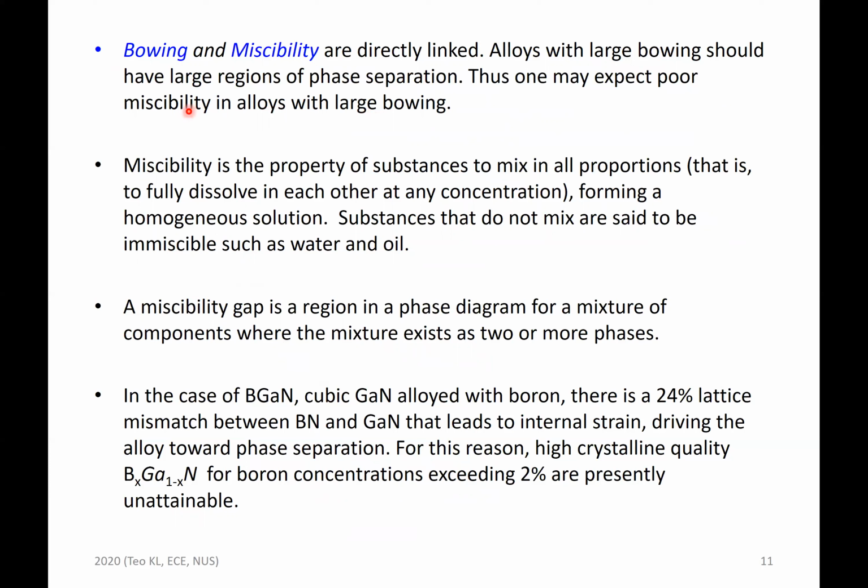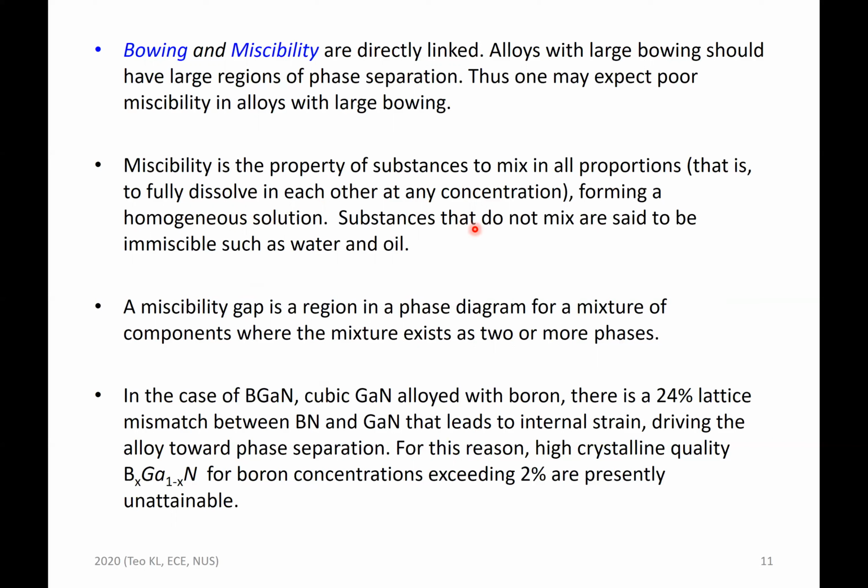Now, you may have encountered this word miscibility in the material science course. So miscibility is the property of the substance to mix in all proportion. So if we say these two materials are miscible, that means it's able to fully dissolve in each other at any concentration, and they form a homogeneous solution.